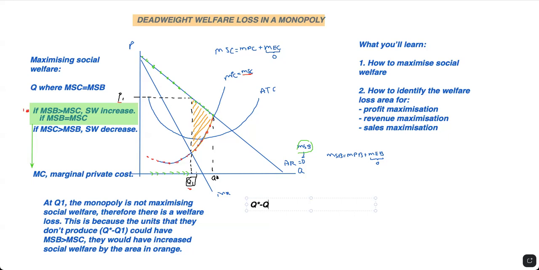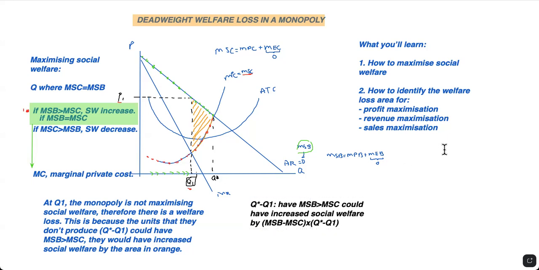So Q star, Q1, these units have MSB greater than MSC, meaning that they could have increased social welfare by the difference between all the benefits and all the costs that they would bring for all of these units. Now, it's not exactly a triangle, so we mathematicians will say this is not the area, but I'm just going to use this loosely.